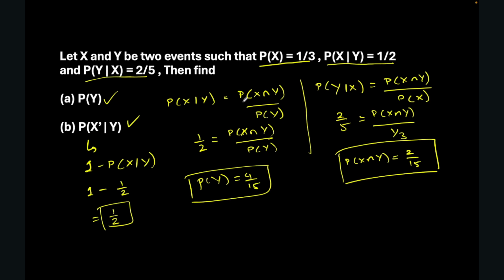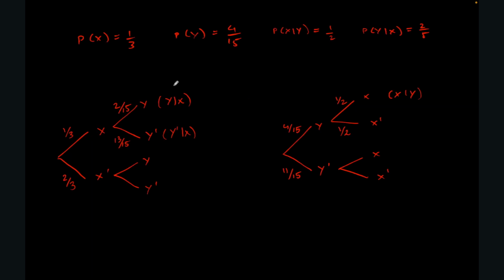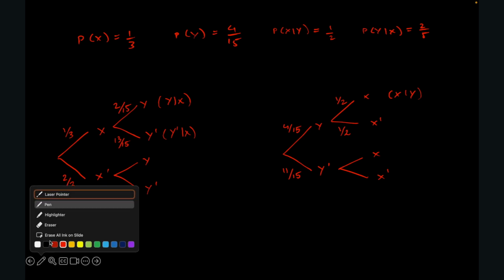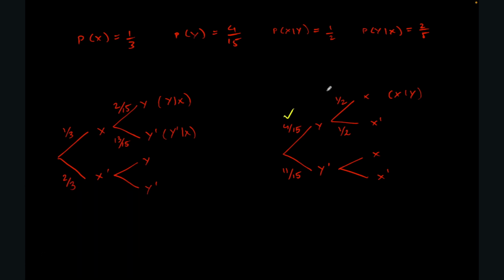Now, let's say in this situation we found x and y, which was 2/15. So if we want to find x and y happening, which is 2/15, we can just multiply. Let me change this in yellow. We can multiply this and this, right? That's what would give us 2/15, x and y happening. And let me just fix this part up.